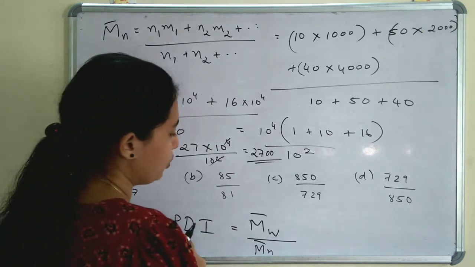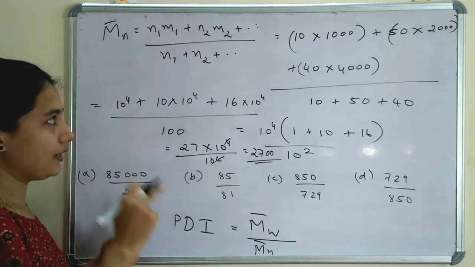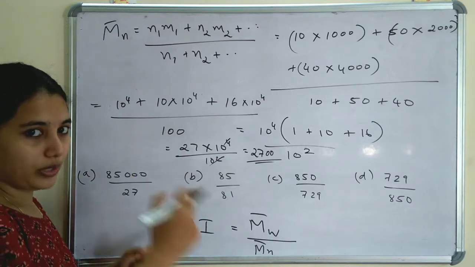Now solving M bar w. M bar w equal to (n1 m1 square plus n2 m2 square) by (n1 m1 plus n2 m2).